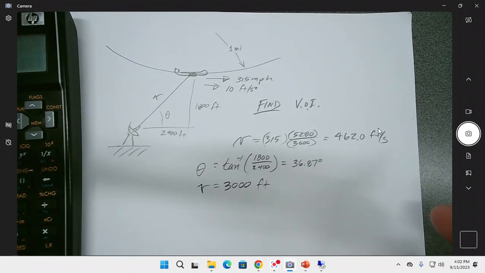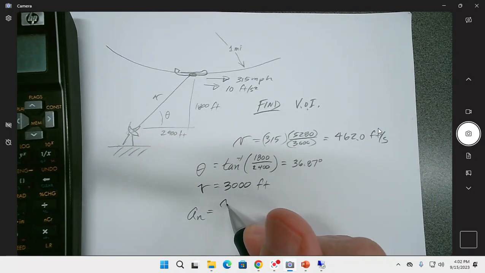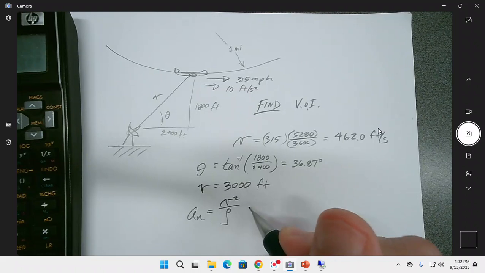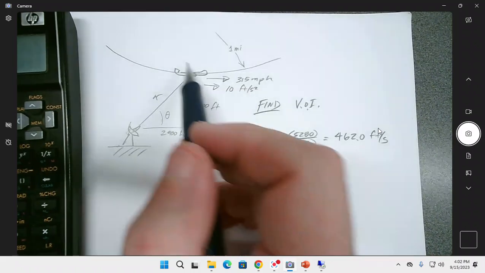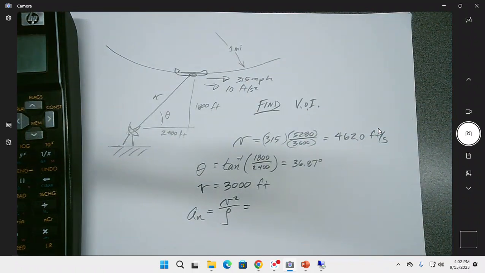Let's see, what else? Preliminary things. Well, we could find out what the acceleration in the normal direction is. It's going to be v squared over rho, because it's dipping through a curve, so it's got an acceleration. It's going to be vertical.